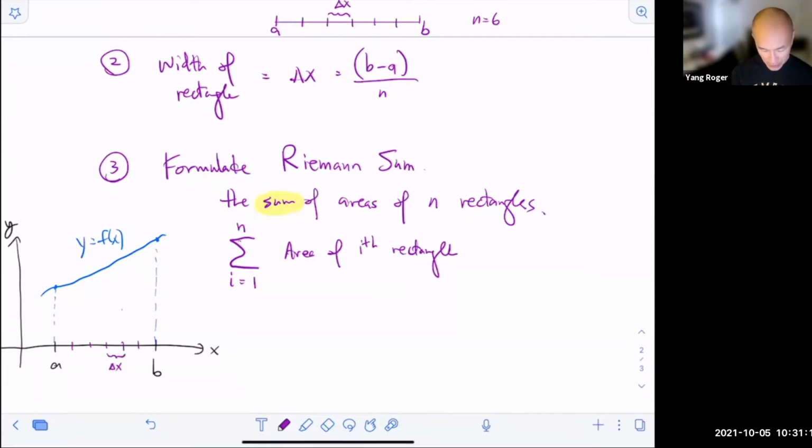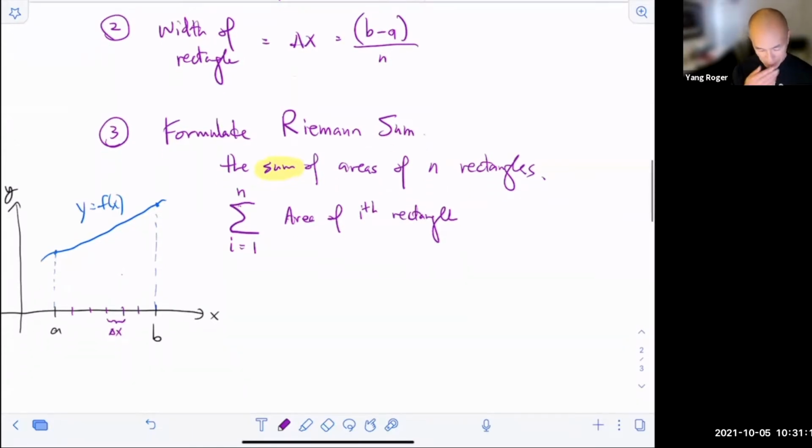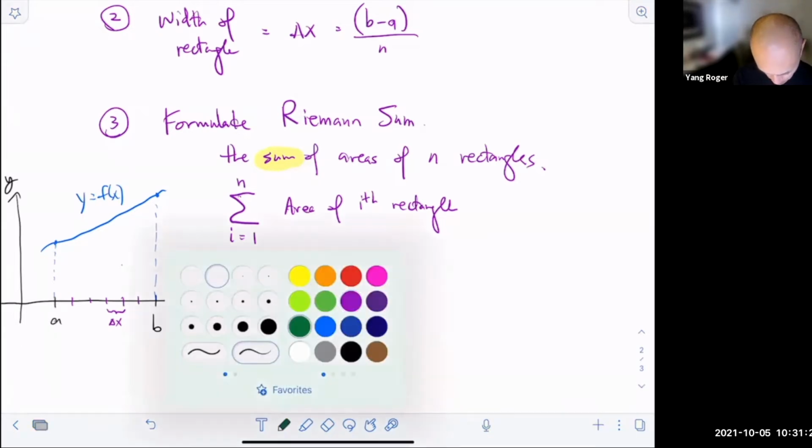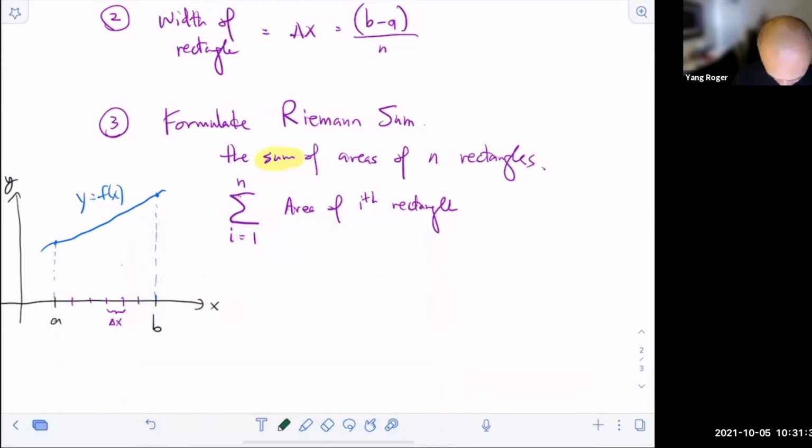And now I need to add up a bunch of rectangles. So I could have it look like this, come up here like this, and here, and here, and here.